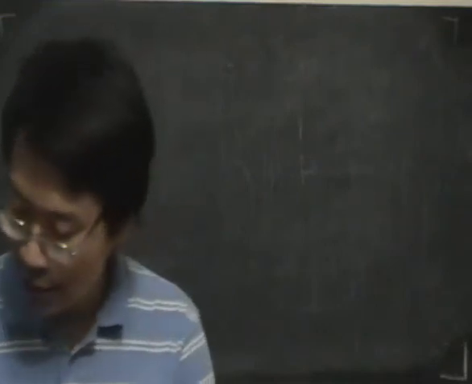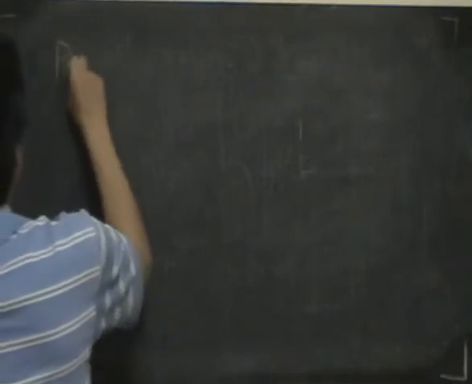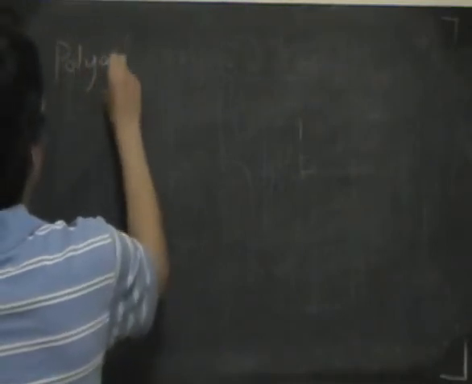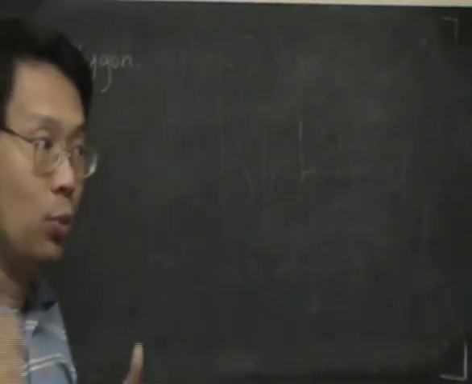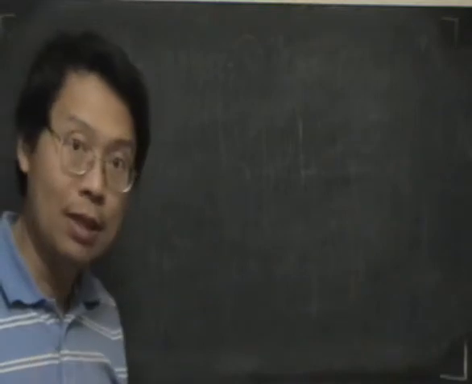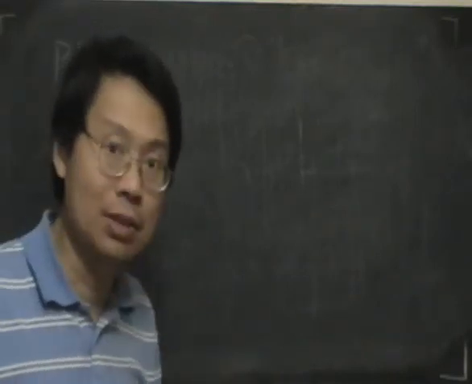Right, next we shall look at a polygon. A polygon is just a name that we give to a figure that can have any number of sides.